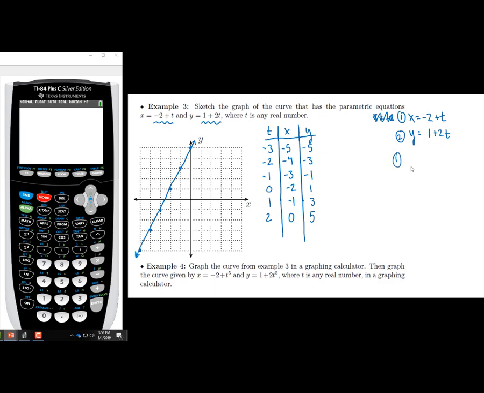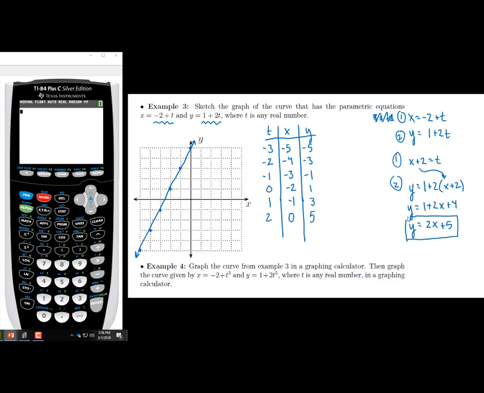So in equation 1, we can turn that into x plus 2 equals t. And so then in equation 2, we can say y is equal to 1 plus 2 times, and instead of t, x plus 2. So y is equal to 1 plus 2x plus 4, and so I have y is equal to 2x plus 5.